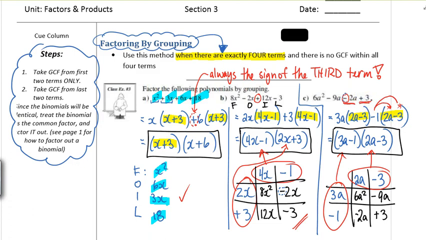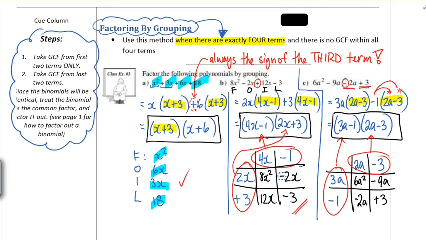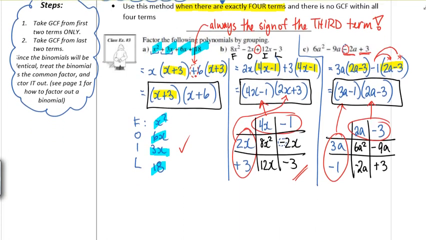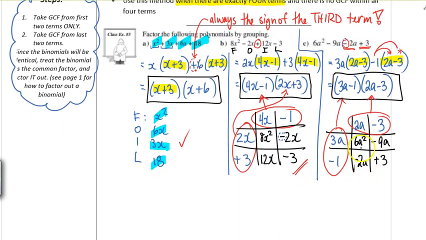Again, if you're gonna make a mistake, that's where it's gonna be. That's why we do our homework, so that we can practice and not make those mistakes when it counts on tests. Okay, I did the tic-tac-toe method down here if you prefer it.